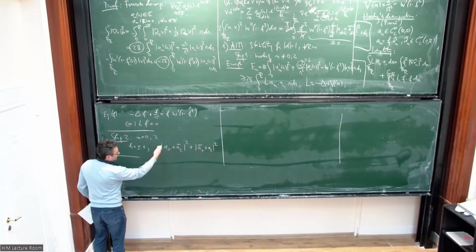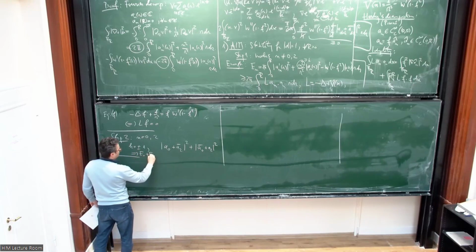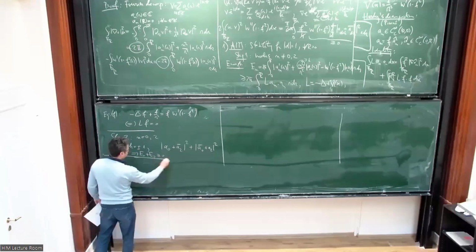So then you play with this and you show that E0 plus E2 is also positive.